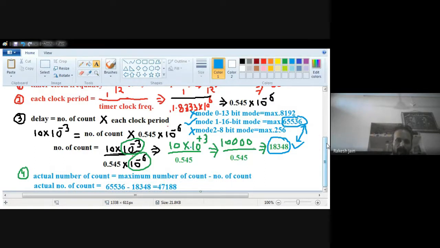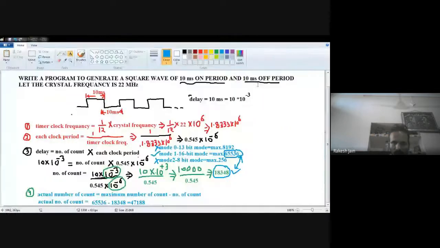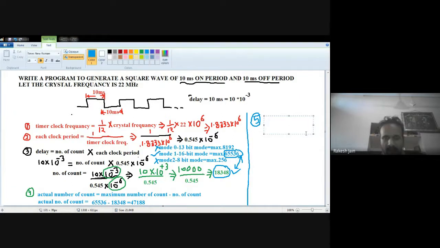Okay. Now the last step for the calculation is this one, which I am going to show you right now, here at the right hand side. The last step is the hex value for the actual number of count. In the fifth step, what value we should upload in the timer register, we will find out from step number five.